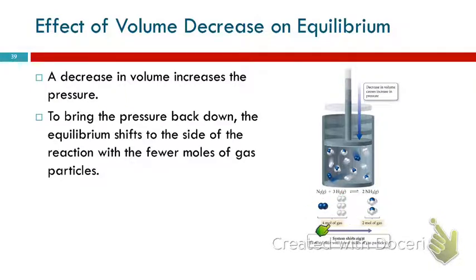Instead of taking 4 cars, let's just take 2 cars. It's going to take up less space on the freeway, right? Less space in the parking lot. So when there's pressure here and we want to reduce the pressure, the equilibrium will shift to the side that has fewer moles of gas to reduce that pressure.